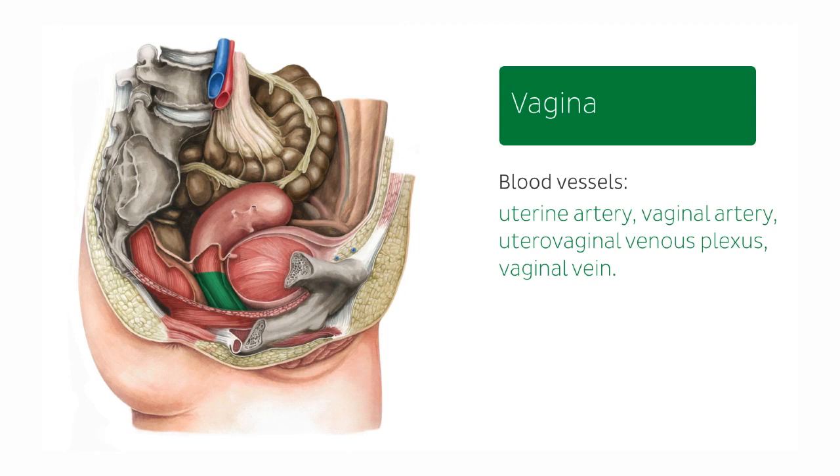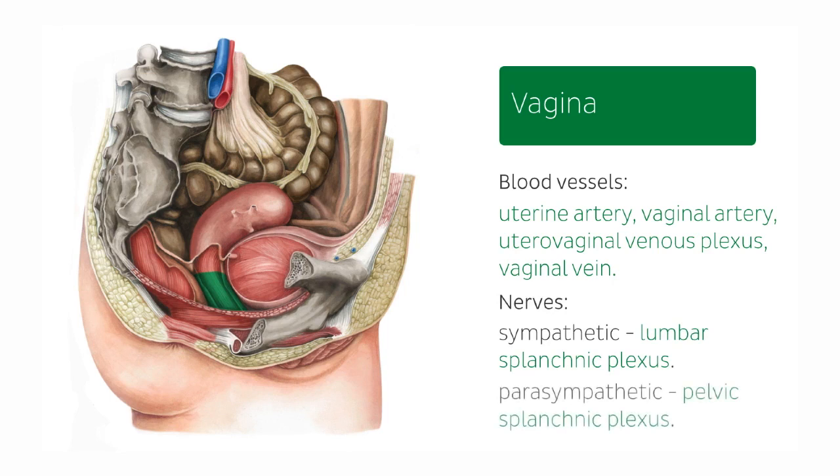So these are the group of blood vessels that will be supplying the vagina. There is also a group of nerves worth mentioning. The sympathetic nerves will be then the lumbar splanchnic plexus, and the parasympathetic will be the pelvic splanchnic plexus.